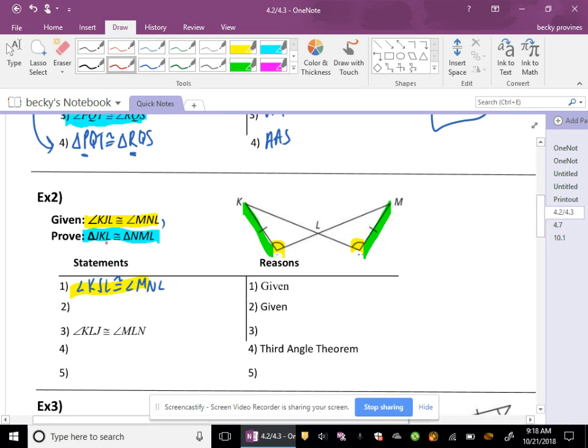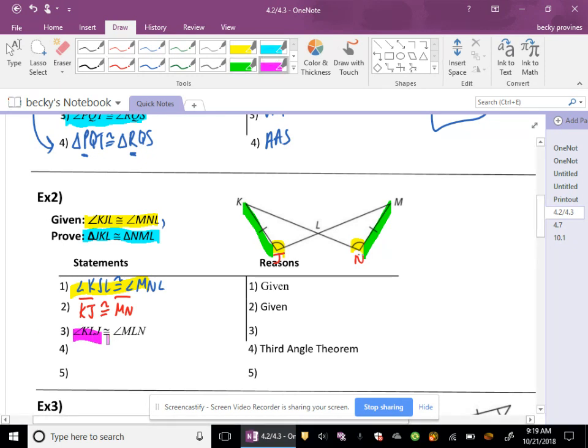So K, L, and so this was a J. And that was an N. Okay, good. So the other given information is that the 2 green sides are congruent. So KJ is congruent to MN. And that's given. Again, I'm giving you this third piece of information.